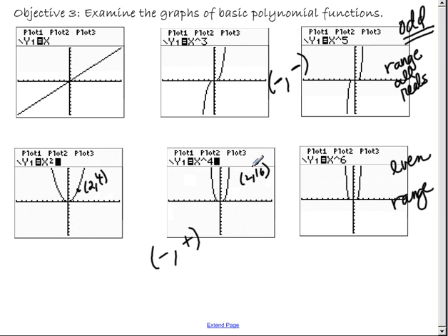Yeah, the domain of all of these is going to be negative infinity to infinity, right? The graphs extend indefinitely from the left to the right. But the range is what's different here. The range is just from 0 to infinity. And that is because of this fact that we talked about. What happens when you put a negative value for x, and what is the output?